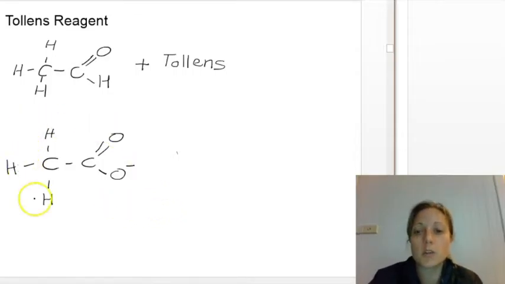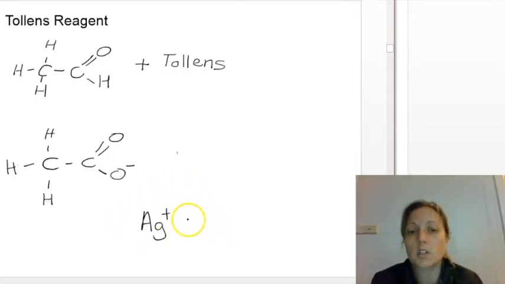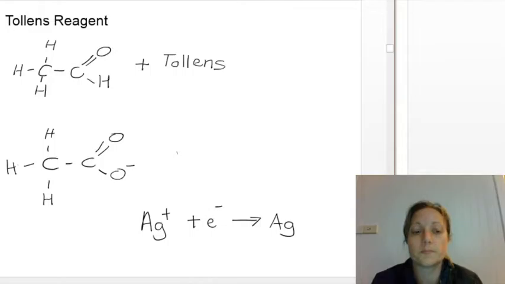Because we get the carboxylate ion, we're also reducing the silver ions. So our silver ions in the Tollens reagent gain electrons and form a silver precipitate. This silver precipitate is what we see. So that's how we see the silver mirror forming.